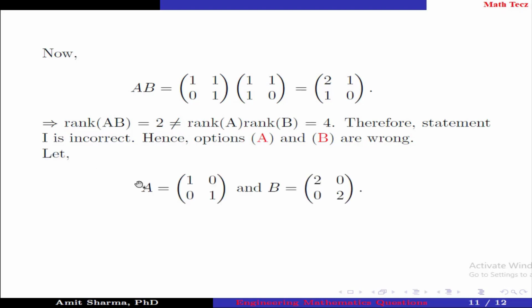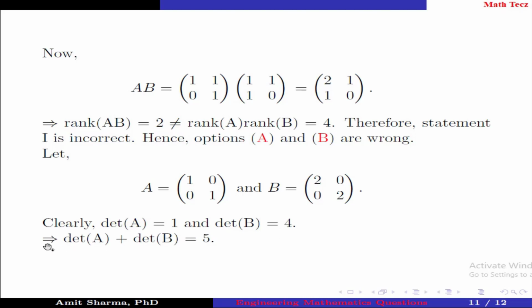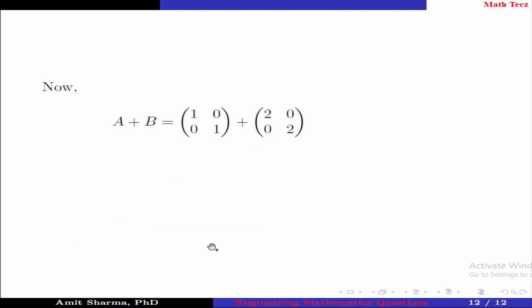Let A be a matrix containing elements 1, 0, 0, 1 and B be a matrix containing elements 2, 0, 0, 2. Clearly, determinant of A is 1 and determinant of B is 4, which implies determinant of A plus determinant of B is 5.